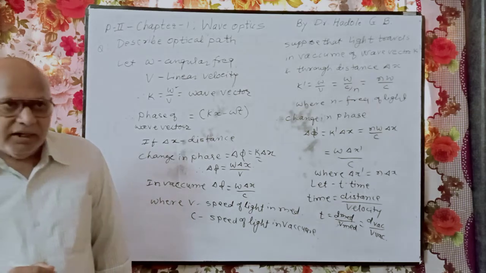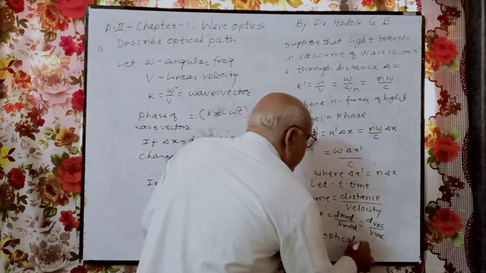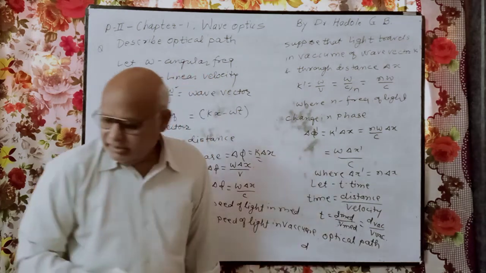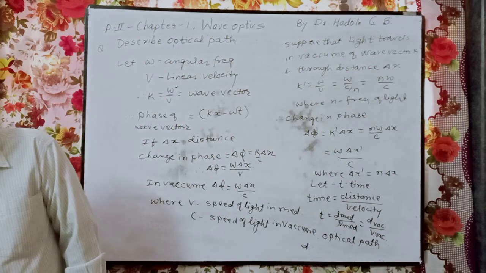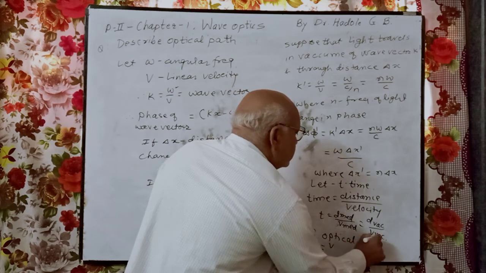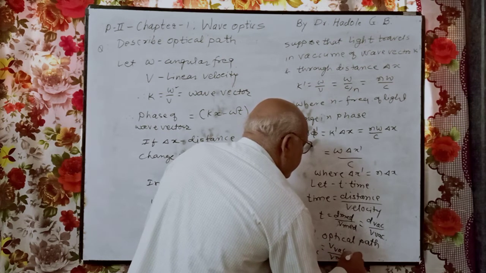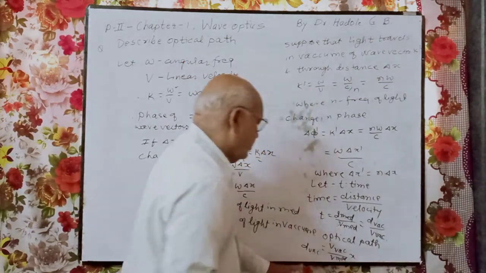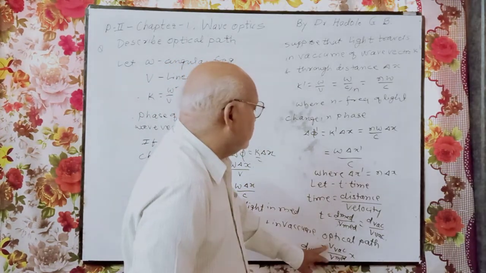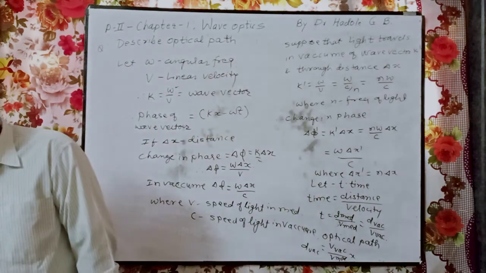Next, optical path. Optical path D in vacuum will be equal to V in vacuum upon V in medium into D in medium.